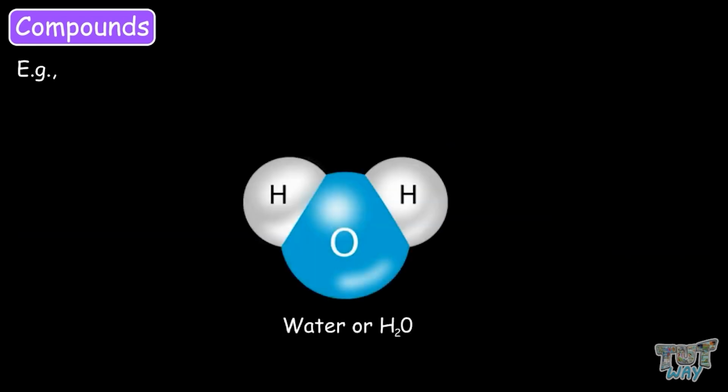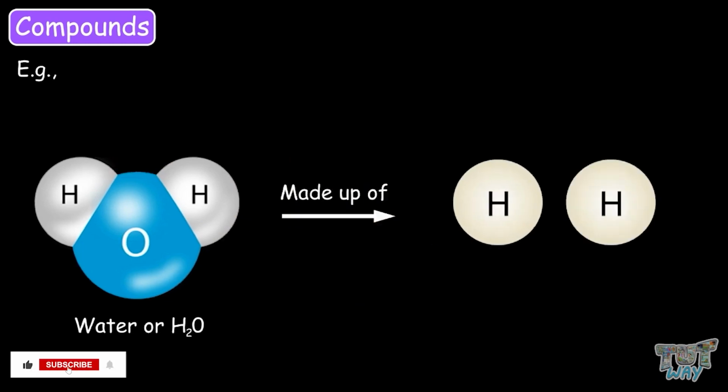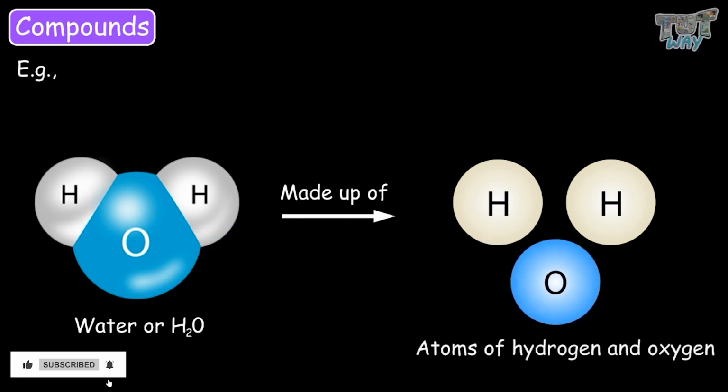Water, or H2O. Water is a compound because it has 2 types of atoms, atoms of hydrogen and atoms of oxygen, and each molecule of water has 2 atoms of hydrogen and 1 atom of oxygen.